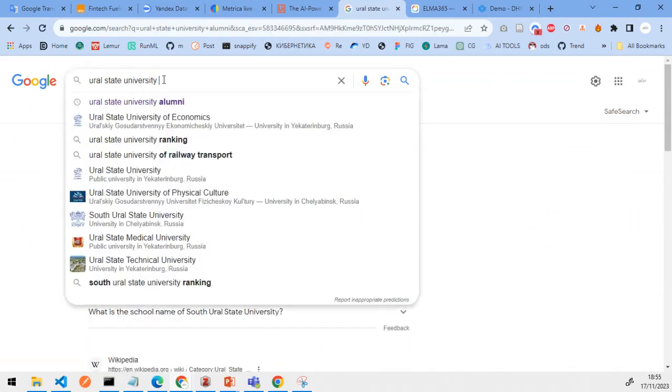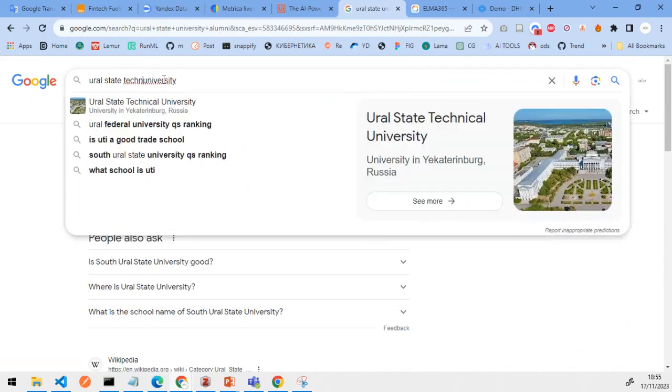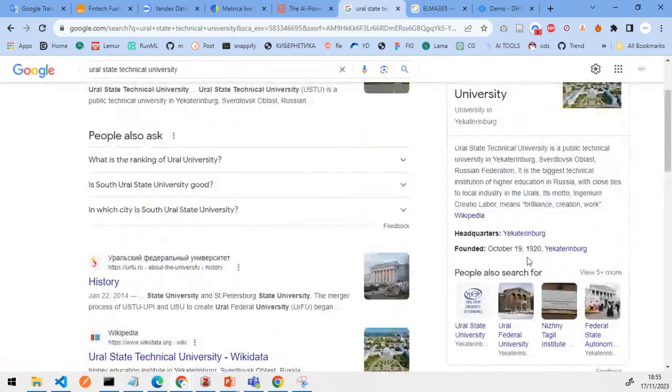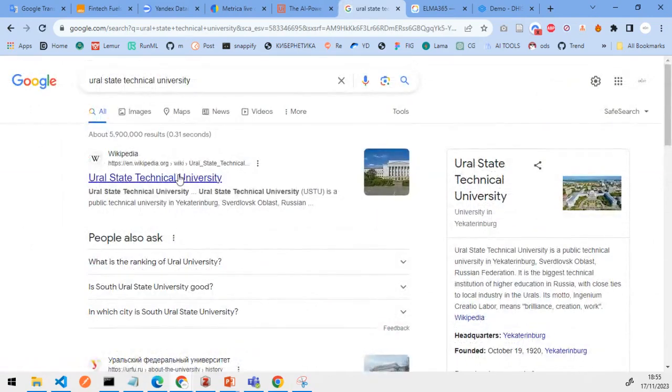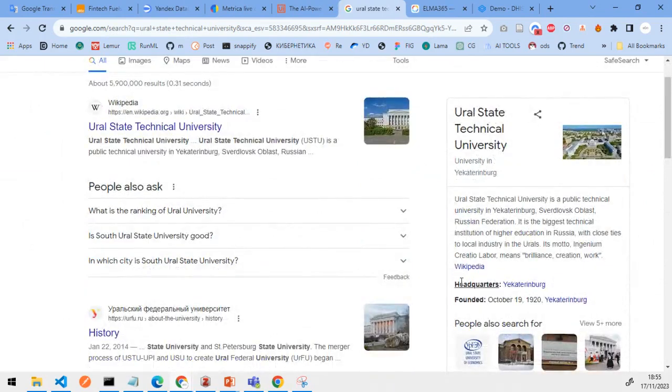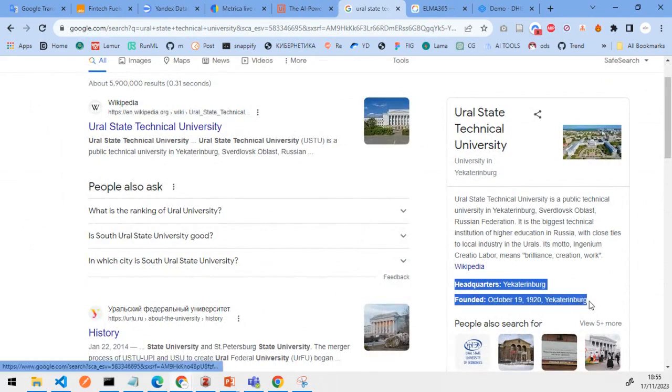It's better to search Ural State Technical University, which is UFU, like the old name. And it gives me information such as headquarters in Yekaterinburg, founded in this year.